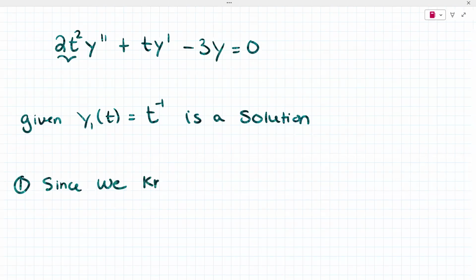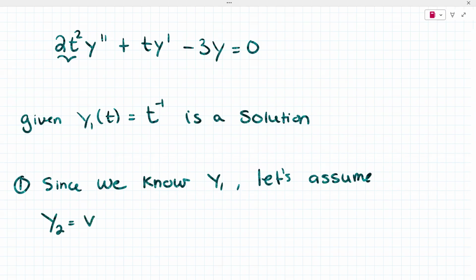Since we know y1, let's assume y2 is going to be v of t times y1 of t.